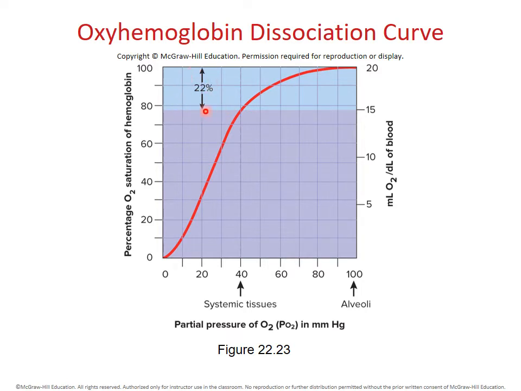The second reason is a strategic one. We want to have a reserve of oxygen to dip into. We want to have a lot of extra oxygen on the hemoglobin molecules in deoxygenated blood in case we need it. Right? We don't know, for instance, if something's going to happen and we're going to stop breathing for a few moments, a few minutes maybe.